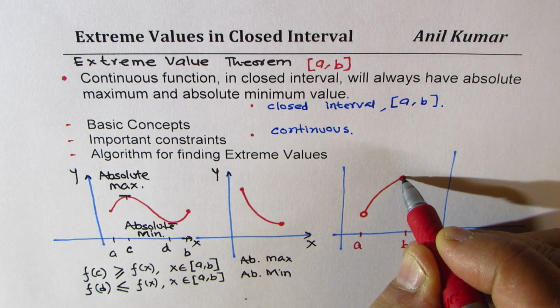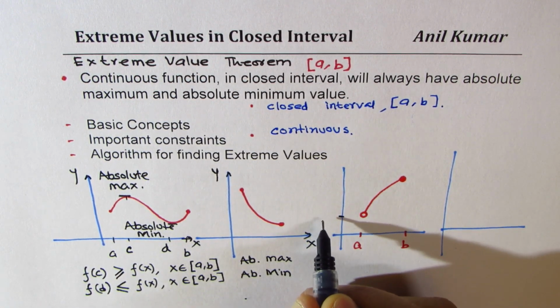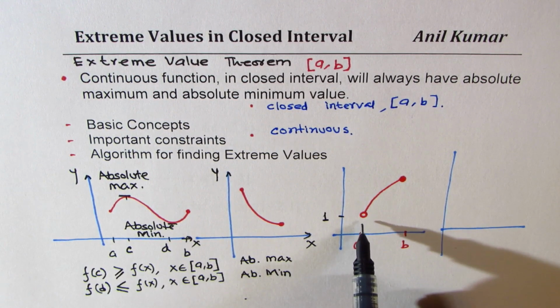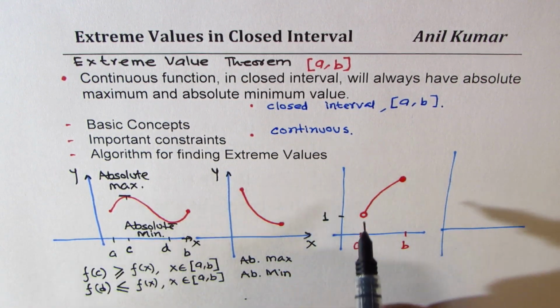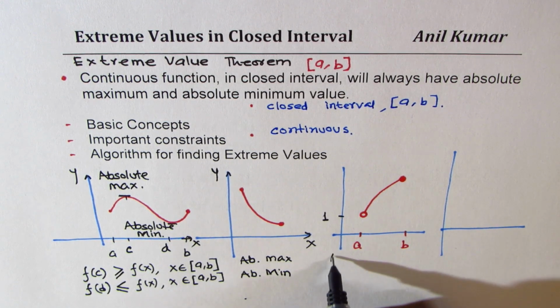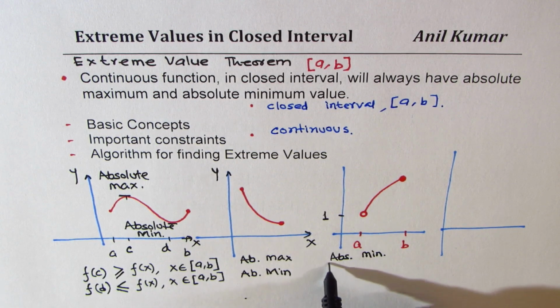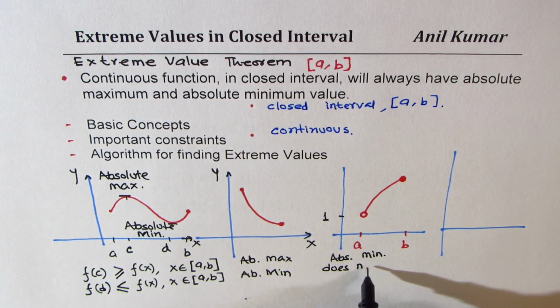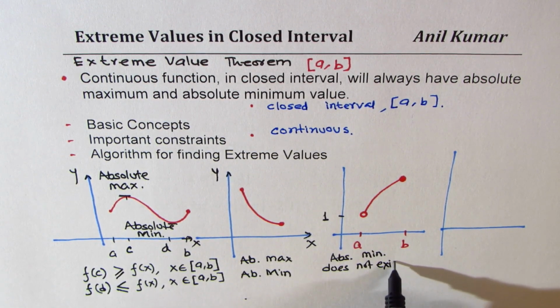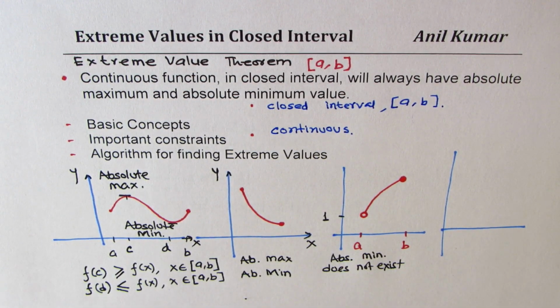Point at B is included, for example. In that case, let us say this value is at 1, then we know that absolute minimum does not exist, because we're very close to 1, but we don't know what that value is. You get an idea.